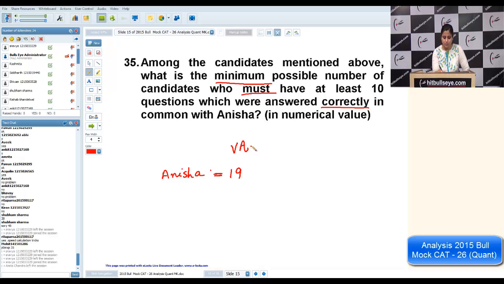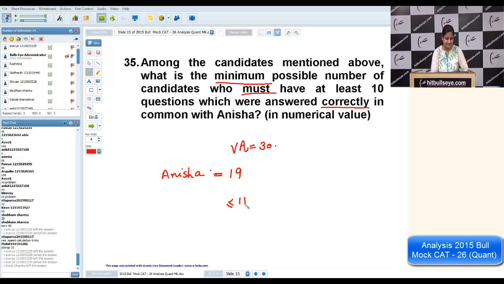So, what was the total number of questions in VA? It was 30. It means any student who has attempted 11 or less than or equal to 11 can have 0 common questions with Anisha, because we are trying to take at least 10 questions answered correctly in common with Anisha.